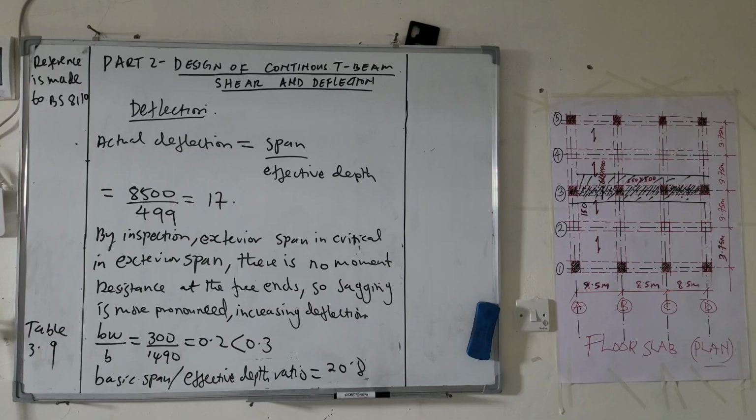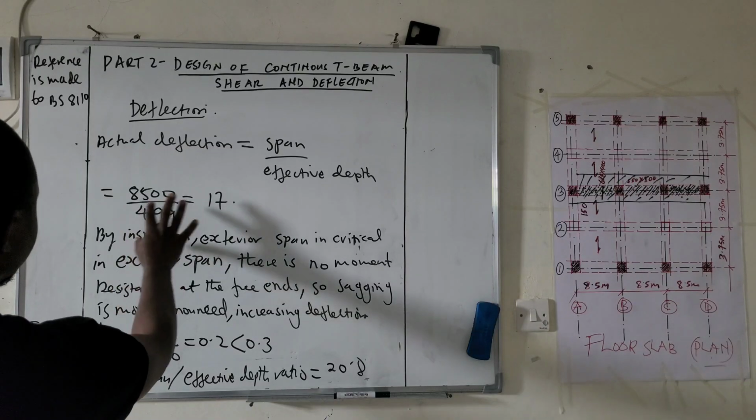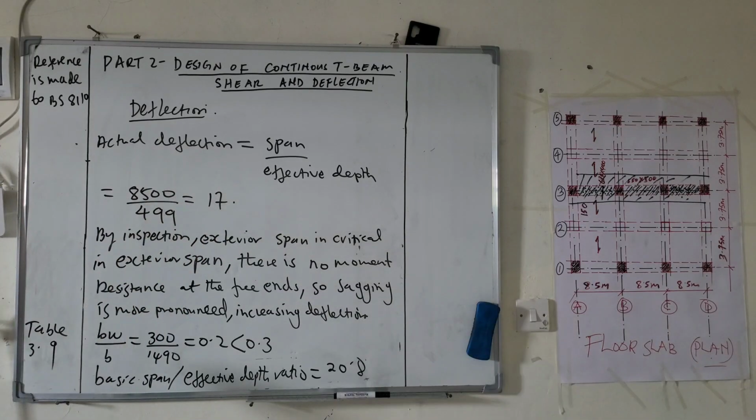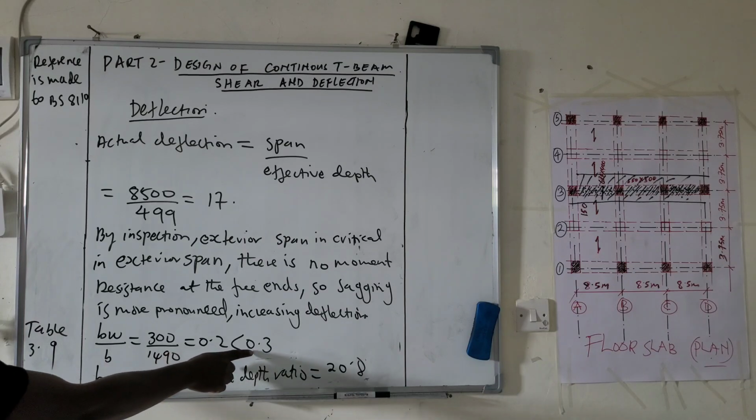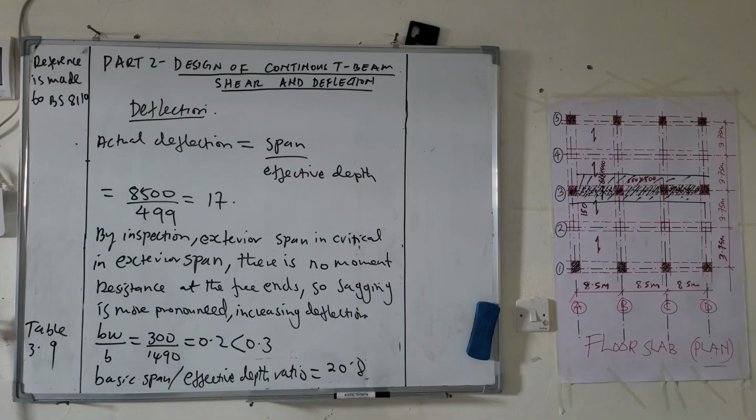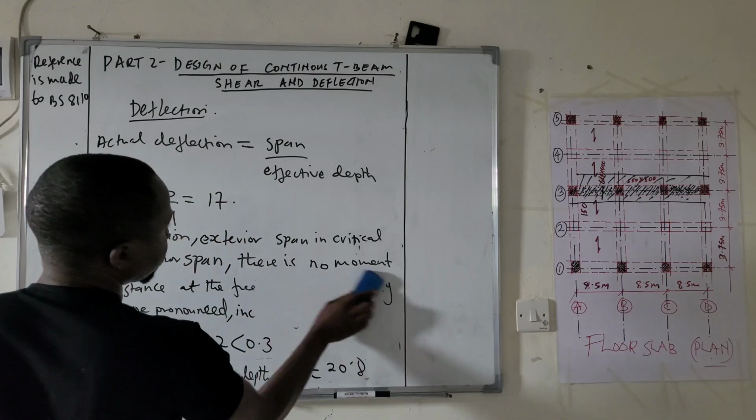So after calculating the actual deflection and the BW over B, which should be less than 0.3, we now proceed to the service stress, which is Fs.